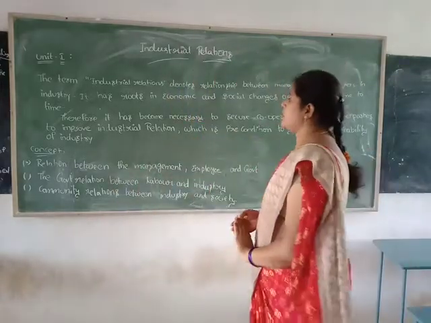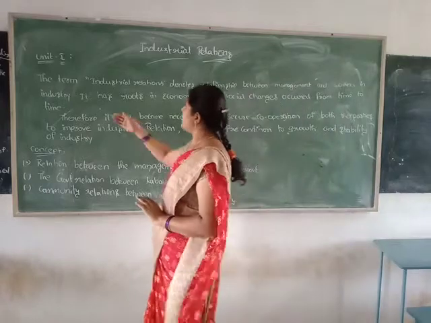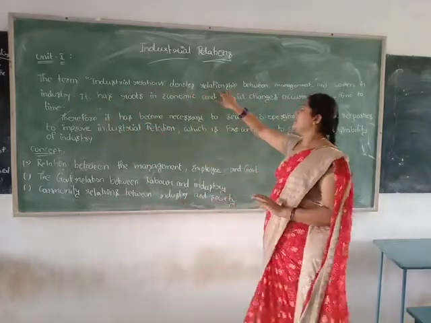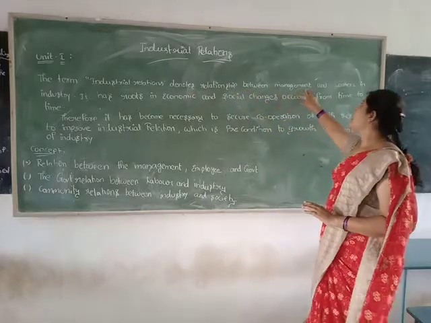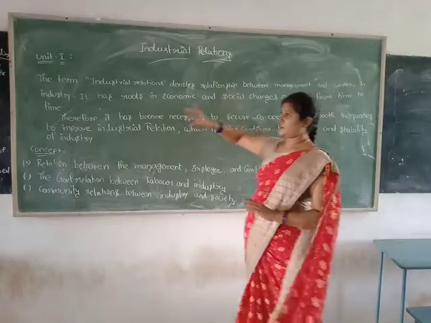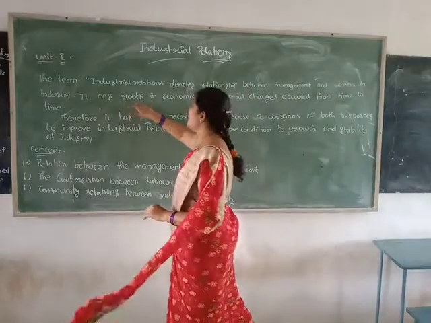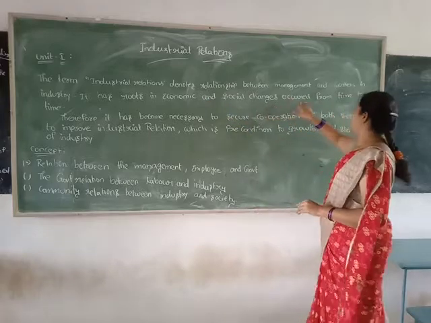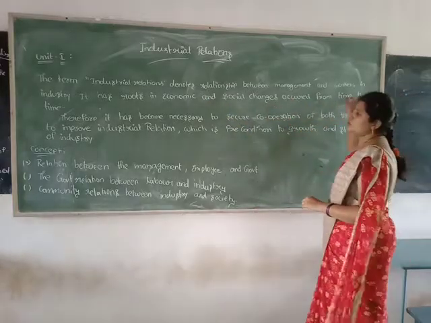So, in this topic, what we are discussing is that industrial relation denotes the relationship between management and workers in industries. It has roots in economic and social changes occurring from time to time.